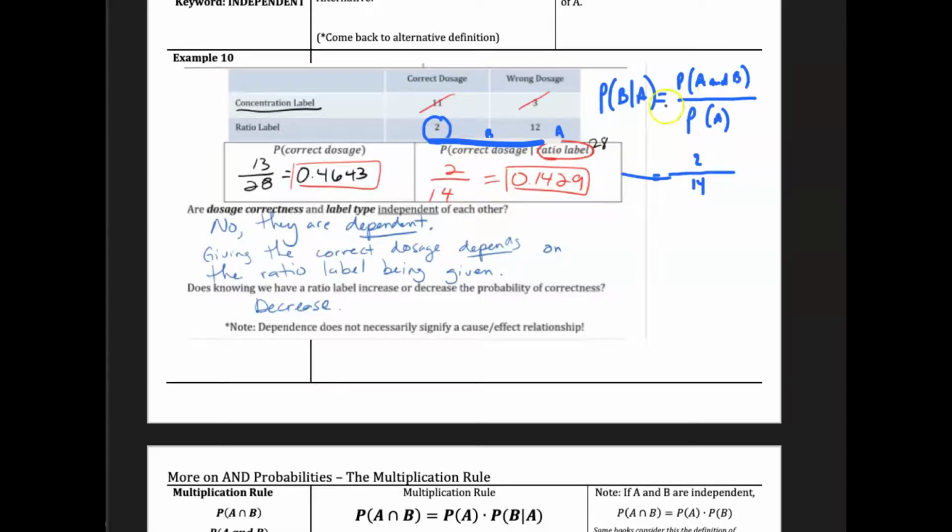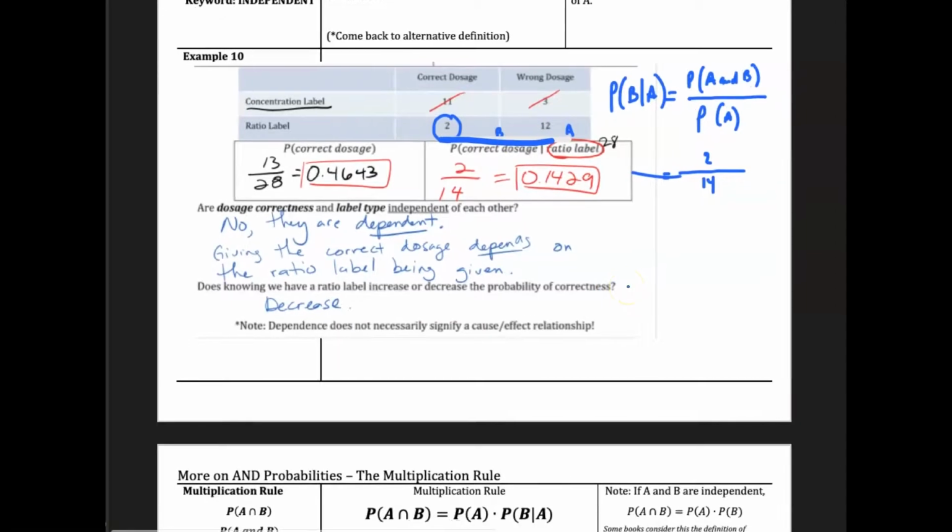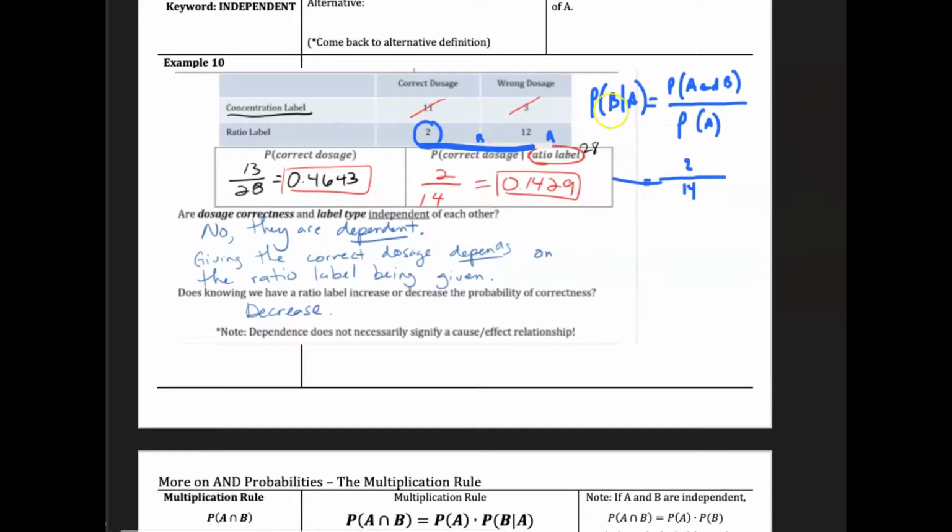We could have also done the formula. So again, we went back to how we were doing. We can also look at the formula here and say, what's the probability of B given A occurs? That's the probability of A and B, which is 2, divided by the probability of A. And A in this case is that you have a ratio label.